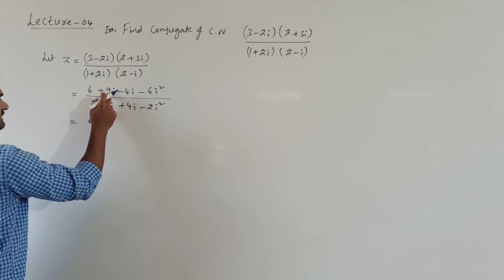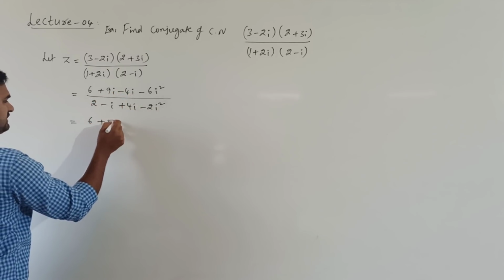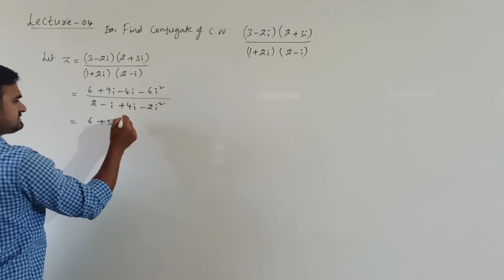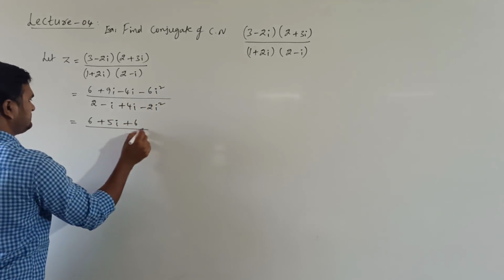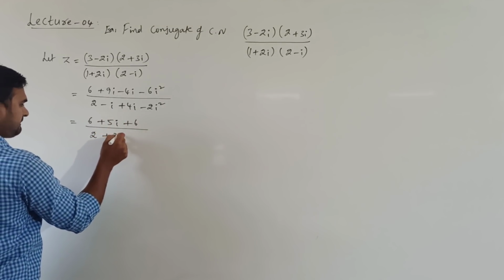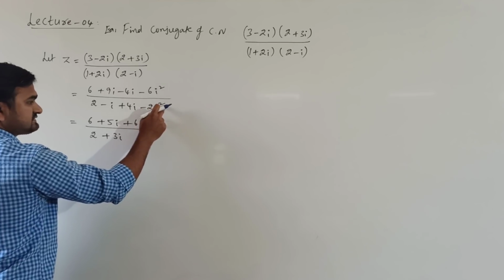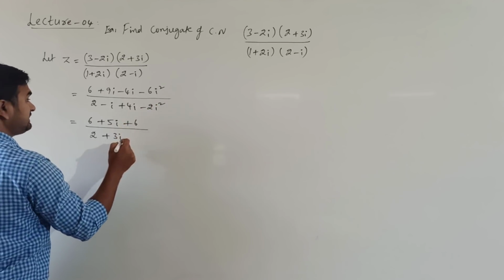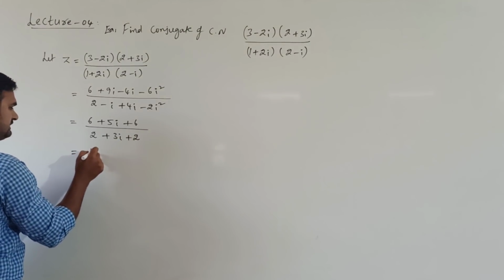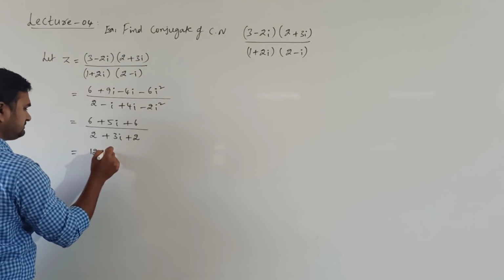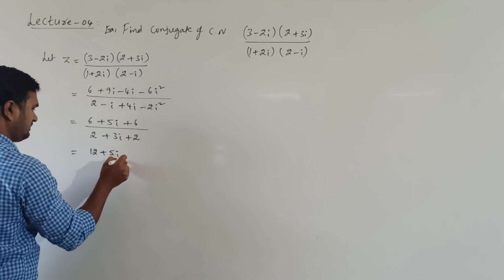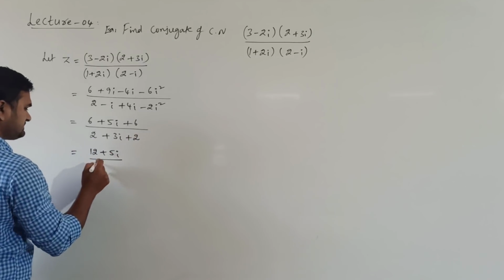So it is 6, 9i minus 4i is plus 5i, i square is minus 1, so minus 1 into minus 6 is plus 6. Denominator: 2 minus i plus 4i is plus 3i, minus 2 into i square, which is minus 1, minus 2 into minus 1 is plus 2. So total it is 12 plus 5i divided by 4 plus 3i.